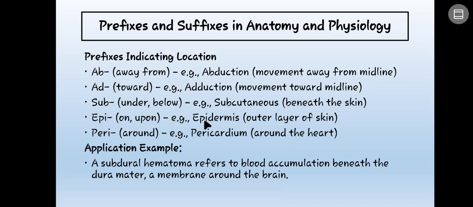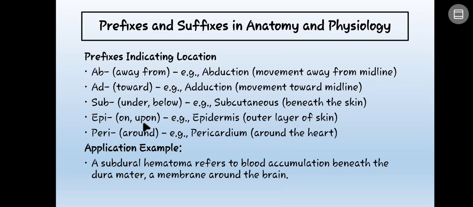Dermis means skin, and epi means on or surface, so epidermis means the outermost layer of the skin. So when you see this epi coming in front of any word in anatomy, it means that it is at the outer layer of that very organ. Epidermis, meaning outer layer of the skin.